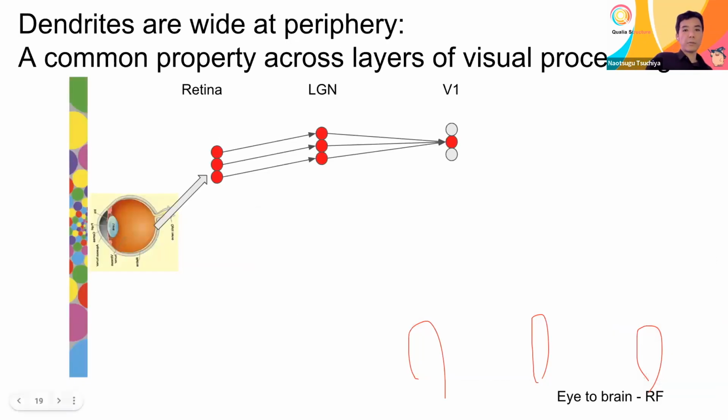So that can potentially explain why our phenomenology in the periphery is colorful, despite the density of the cones being sparse over there. Dendrites are wide at the periphery, a common property across layers of visual processing.